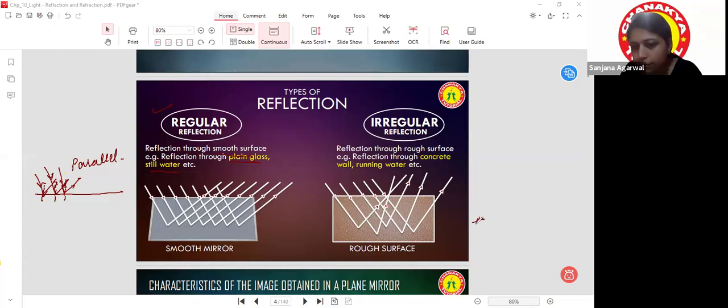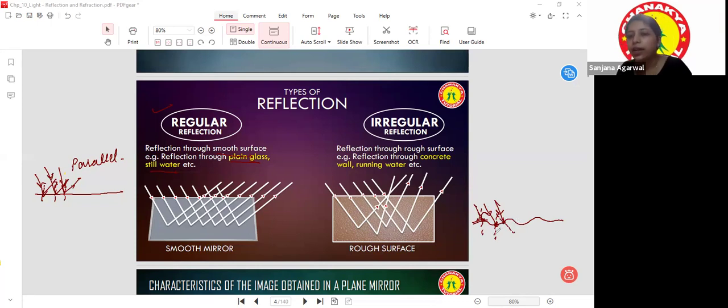If I zoom in on that surface, let us say it has some bumps and some depressions. Now, again, if we make a beam of light incident at a 30-degree angle, the points where the rays fall do not have the same normal. At one point the normal is like this, at a third point the normal is like this.